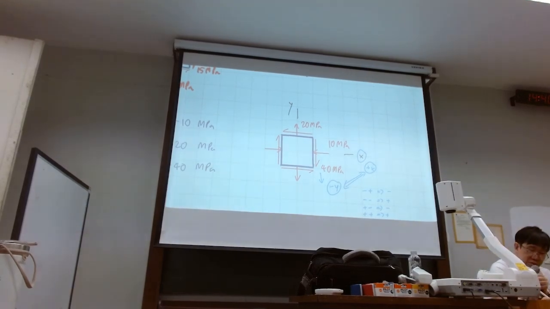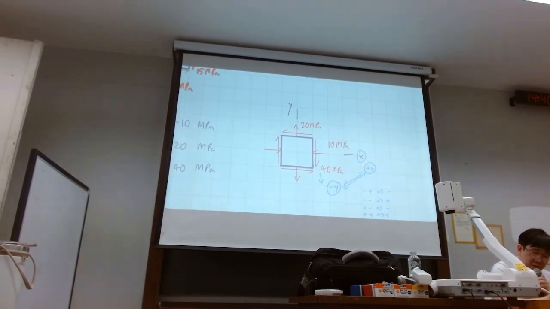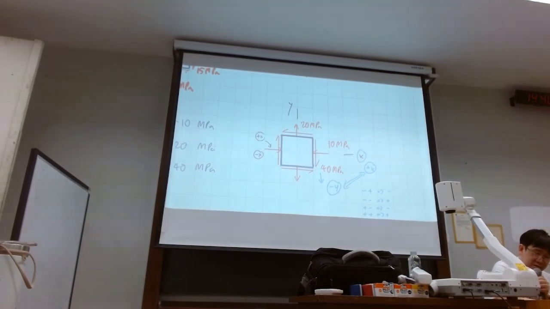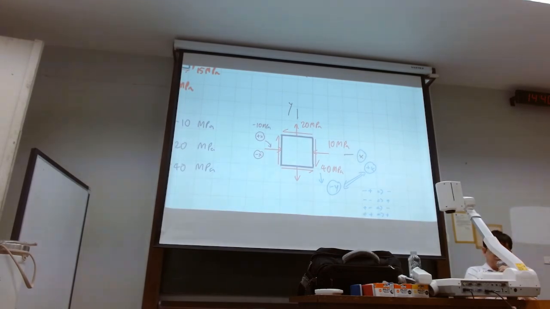You can also imagine it this way. So let's say that we have this one, negative x, and right here, that is positive x. So that means this is a negative 10 MPa, because this is the area, and this is the direction of the force.